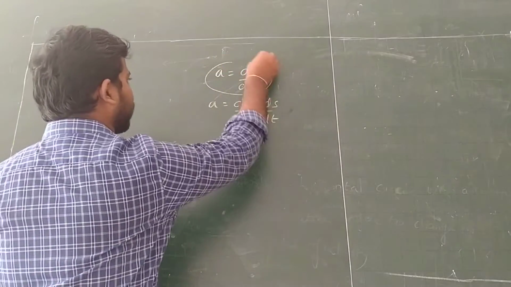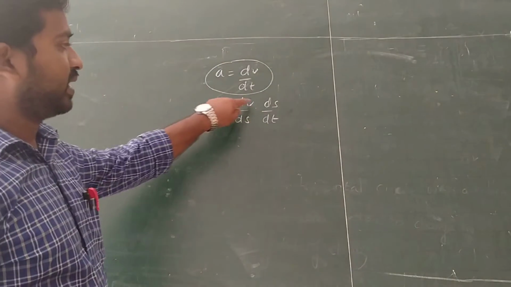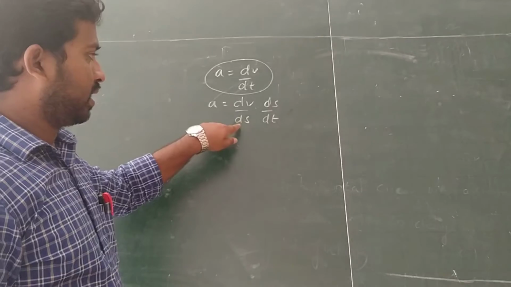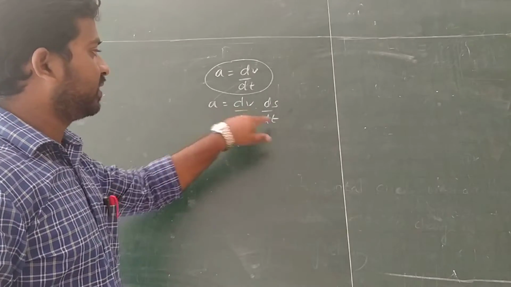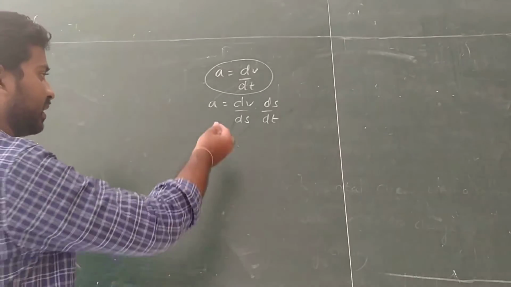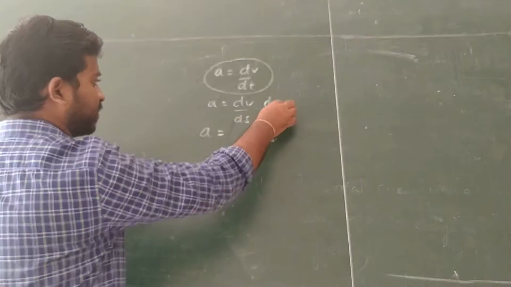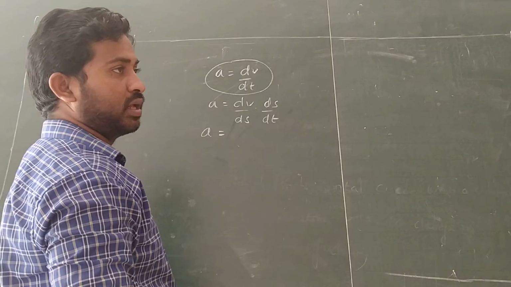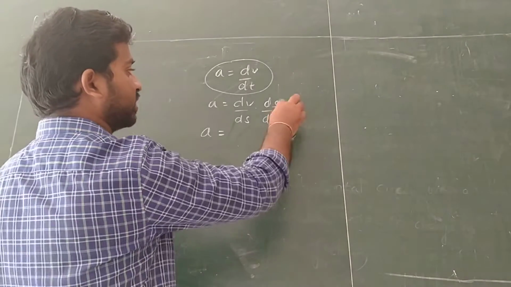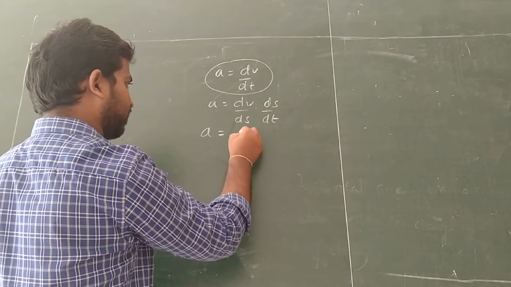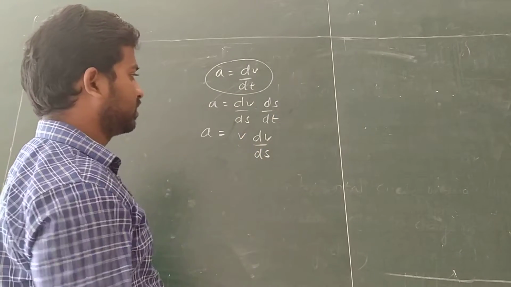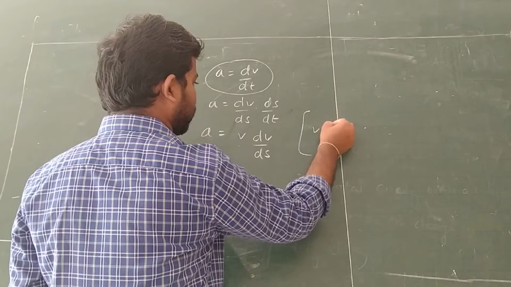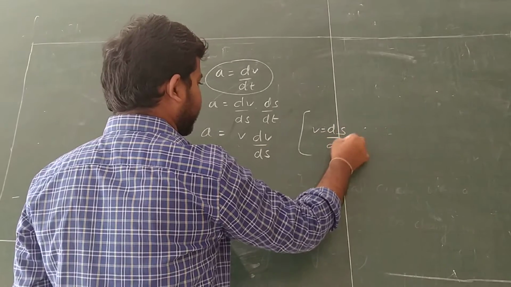So A equal to dv by dt, we know the formula. And again A can be written as dv by ds into ds by dt. Here ds cancels, so again dv by dt only will be there. Why am I writing like this? Because ds by dt is nothing but the instantaneous velocity, v. So A equal to v into dv by ds, because velocity equals ds by dt.